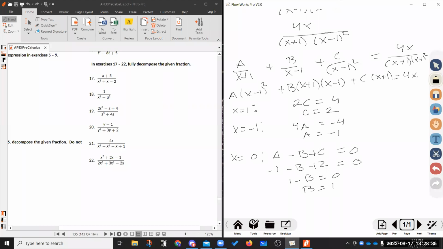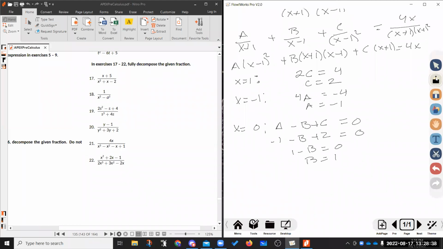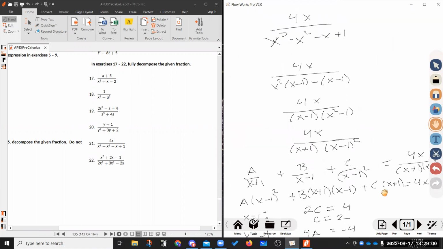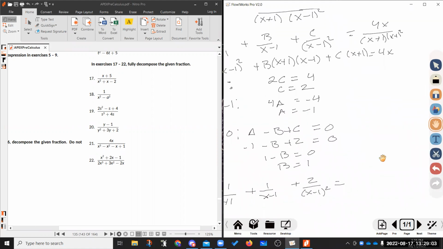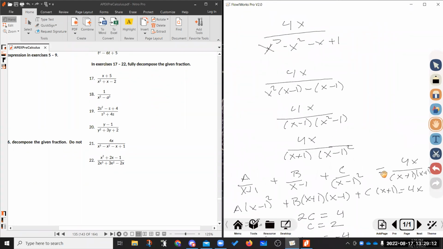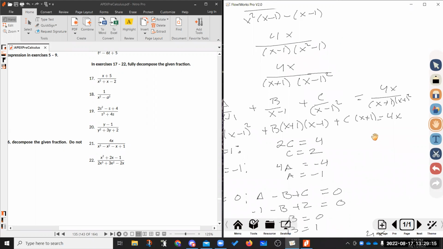So we should be able to rewrite this now: a is -1, b is 1, c is 2, and that's going to be equal to my original 4x over x cubed minus x squared minus x plus 1.